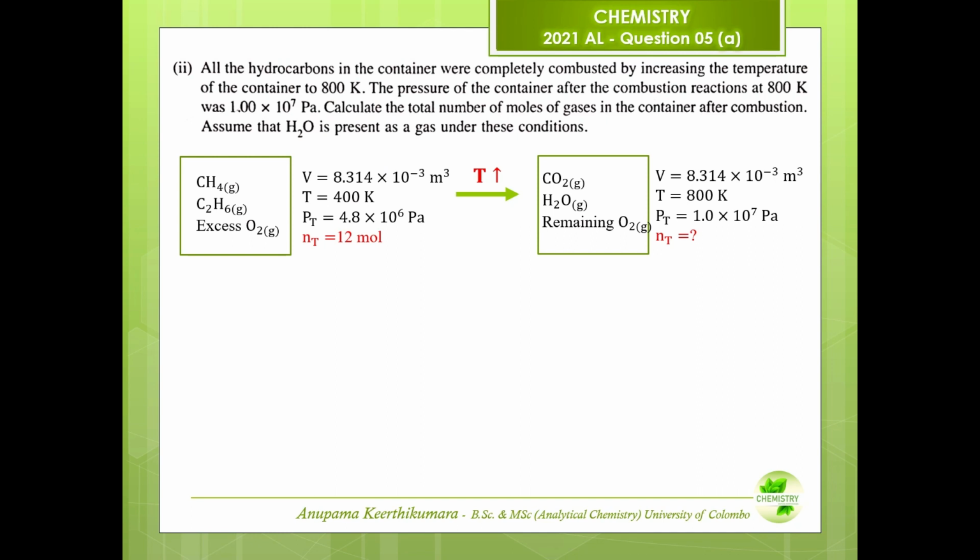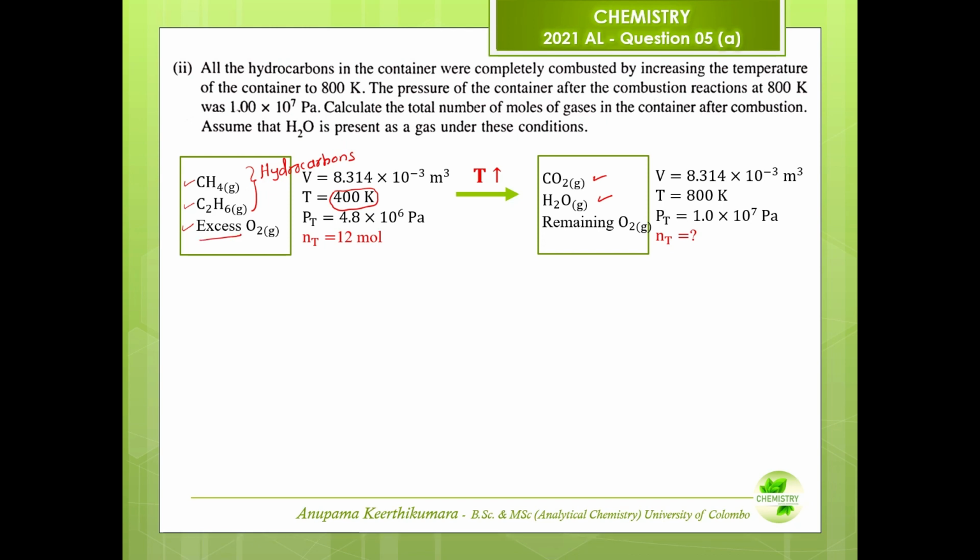Initially, at 400 Kelvin, CH4 gas, C2H6 gas and excess O2 gas were present. And these are hydrocarbons. In the presence of excess oxygen, when these two hydrocarbons undergo complete combustion, carbon converts to CO2, hydrogen converts to water.